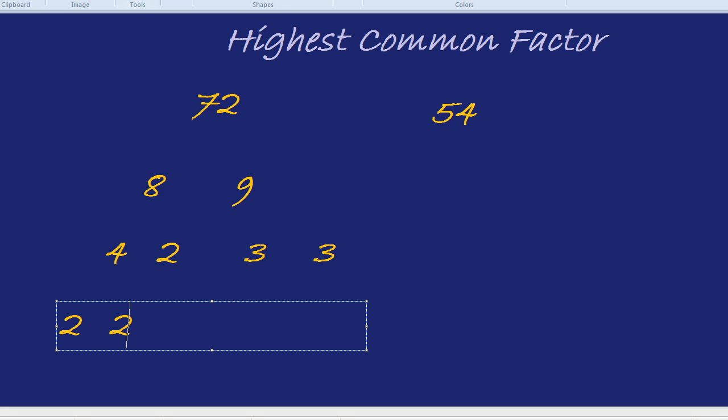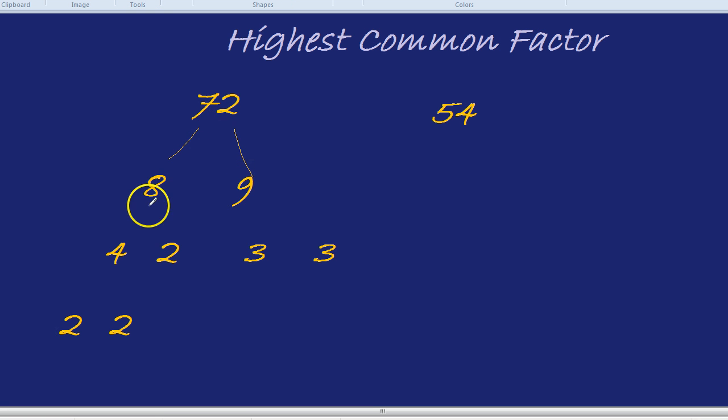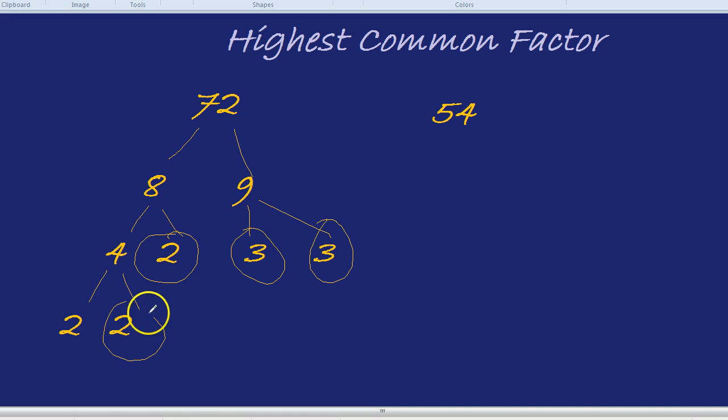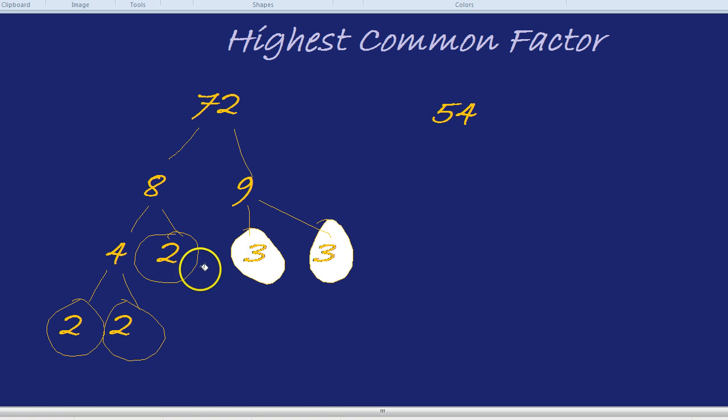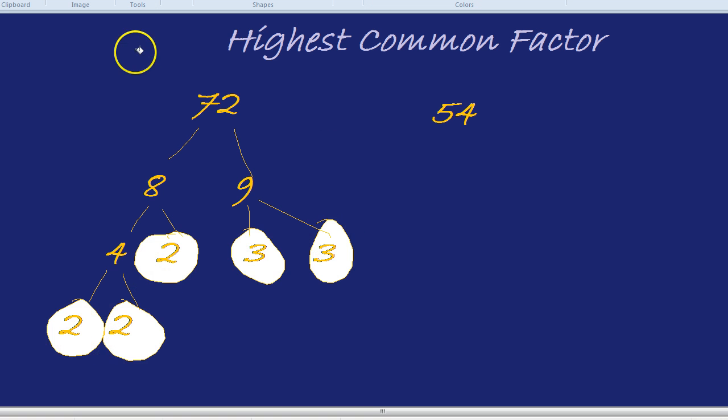If I draw the lines, it looks like that. And if I circle the prime factors, not just the factors, but the prime factors, I would circle these numbers. I would also highlight them, just to be fancy. Those are the prime factors.